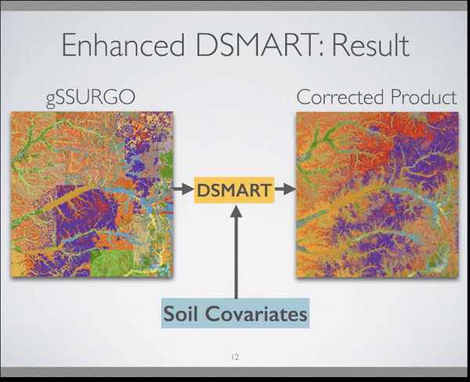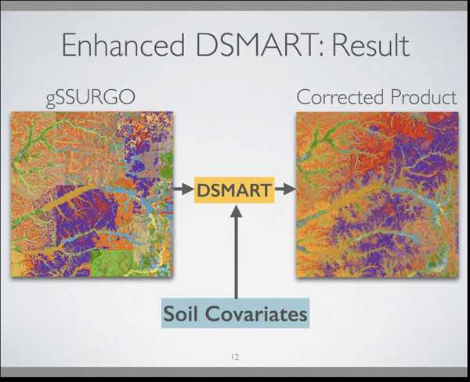Now what actually is happening here, if you think about it, one of the inherent covariates that is going into how gSURGO is interpreting where the soil components are is effectively thinking that county boundaries are a covariate. So what we're doing is DSMART is learning based on other covariates what the spatial distribution is. And because it's not taking county boundaries as a covariate, then it's able to spatially disaggregate them without those biases.